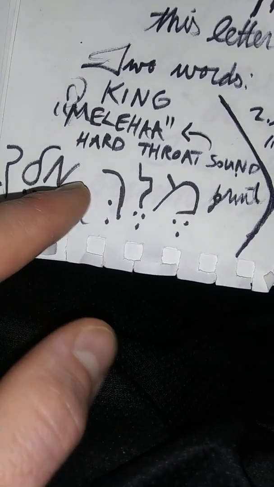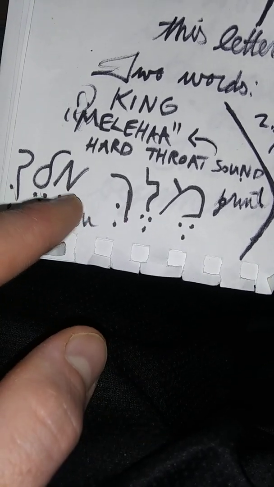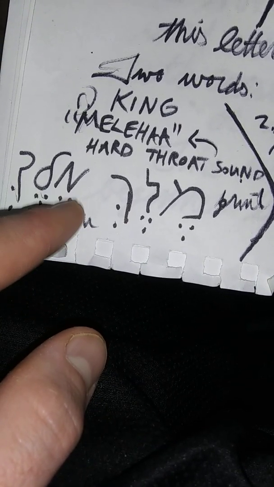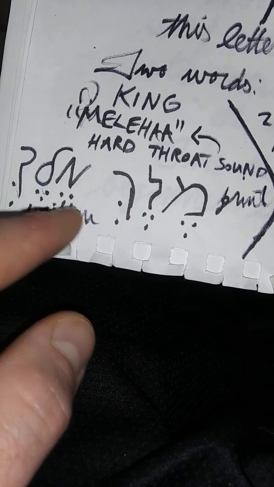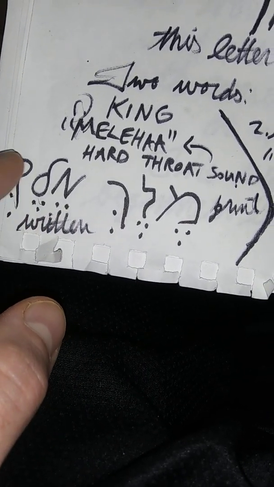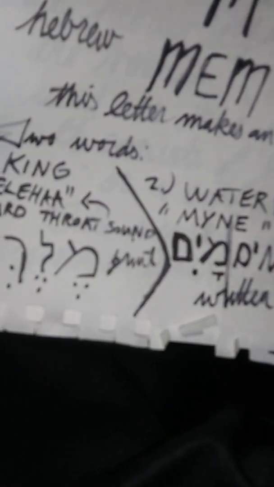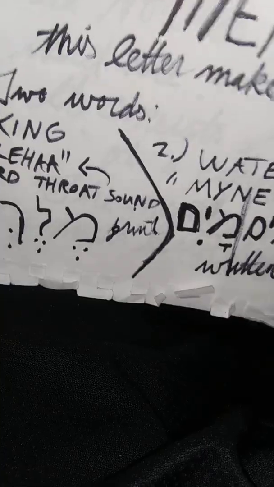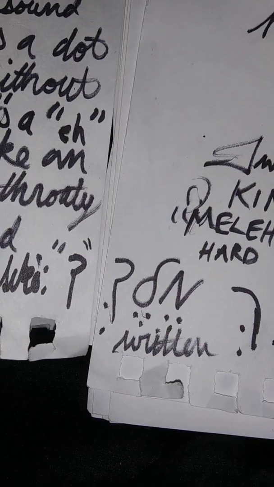So here's written. So we have our mem right here with the e sound, me, and the le, mele. So that's how you get the, because it's actually, that was from the last lesson. Yeah. Okay, so what we're seeing here is, so this and this, see?